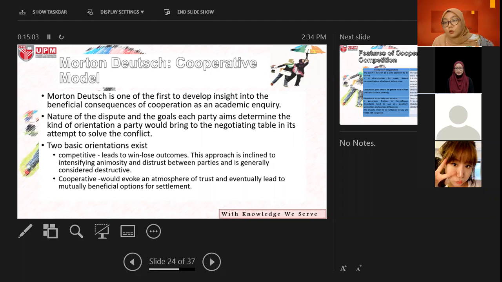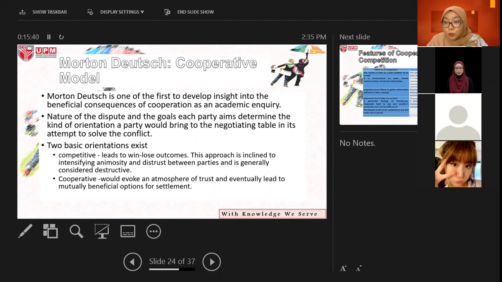Okay, the second one is cooperative. Cooperative would evoke an atmosphere of trust and eventually lead to mutually beneficial options for settlement. Under the cooperative model, both parties are working together to come up with alternatives and solutions. Therefore, it will ensure trust between the two parties. Okay, they work together, they feel belongingness toward their effort, they develop trust, so as a result they can maintain a long-term relationship between the two parties.